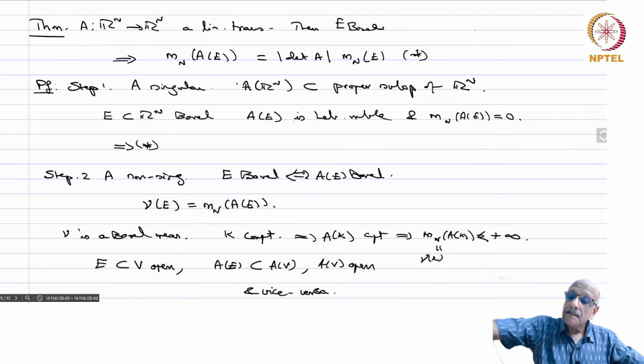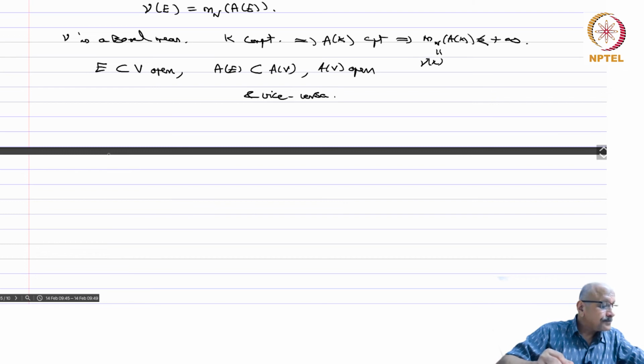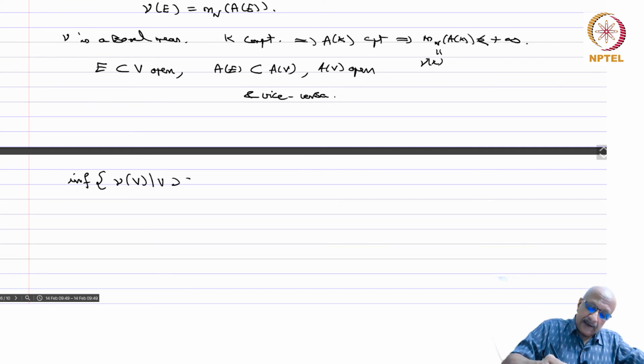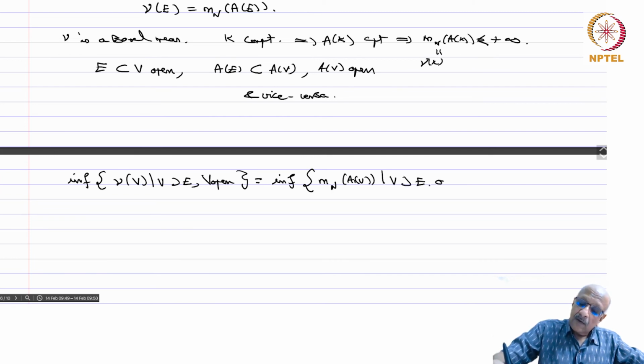Therefore, let us compute the infimum of nu of V, V containing E, V open. This is equal to the infimum of Mn of AV, sorry, V containing E, V open, by definition.